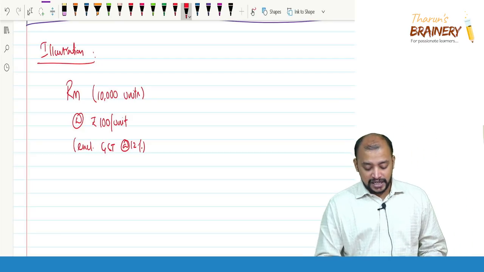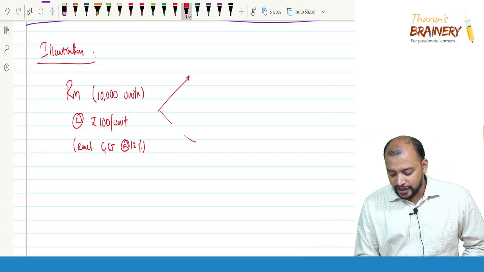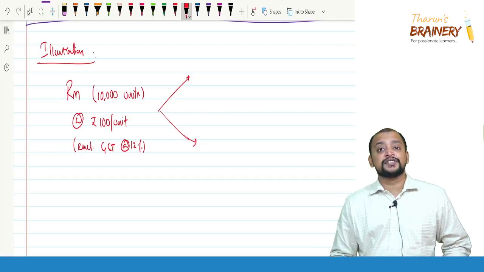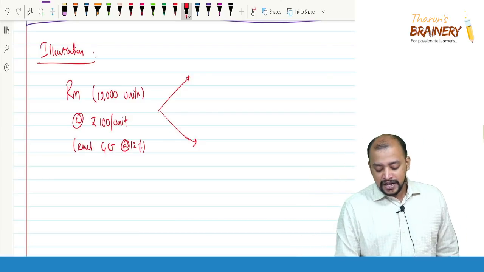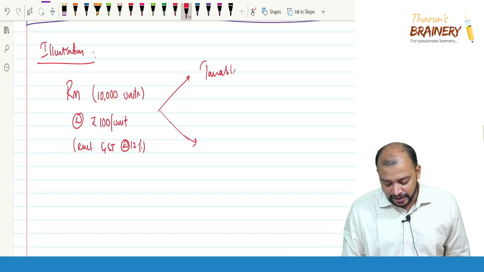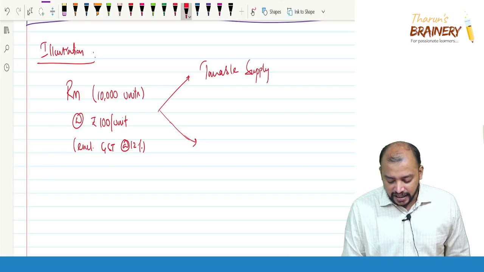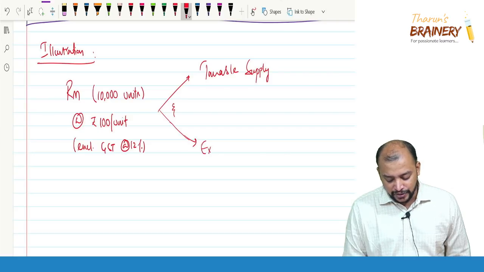Now this raw material I am using partly for exempted supplies and partly for taxable supply. I don't know the quantity, I don't have inventory records.